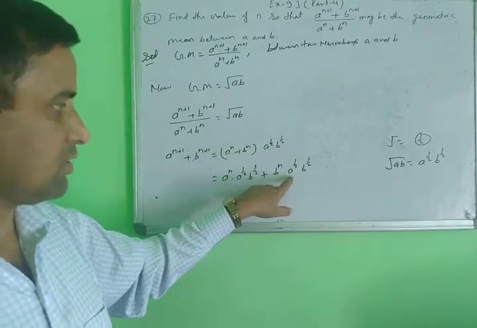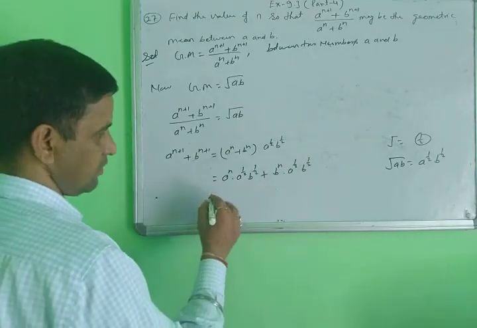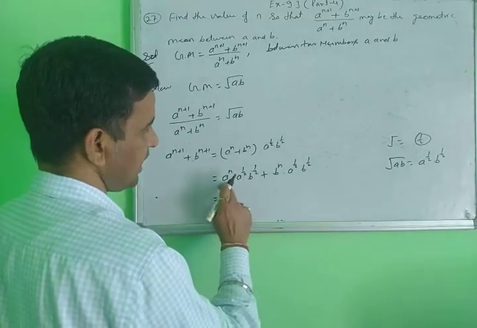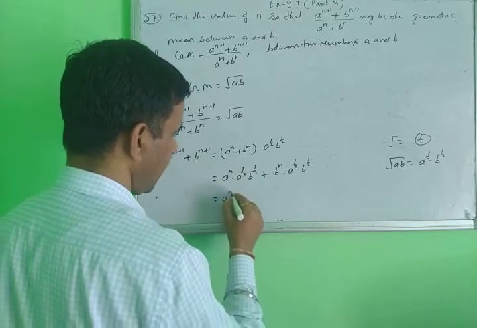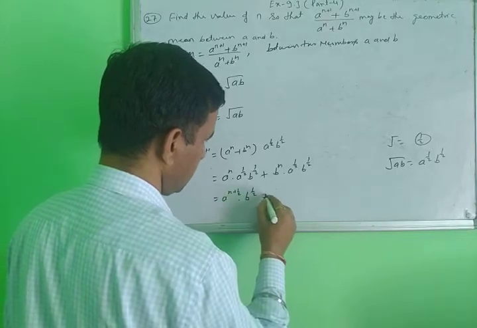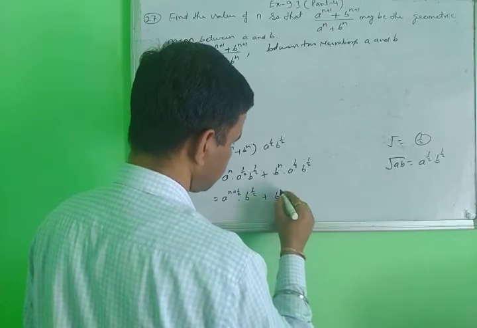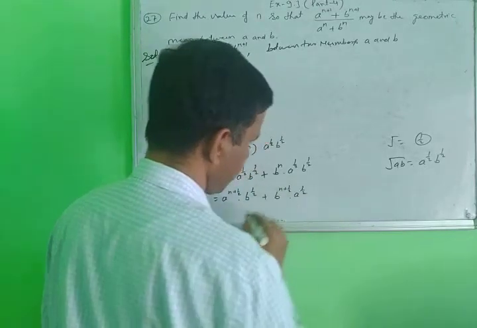After that you will get this form. Now you calculate this. The power here is n plus 1 by 2, so you can write a^(n+1/2) into b^(1/2), and the same thing here: b^(n+1/2), a^(1/2).